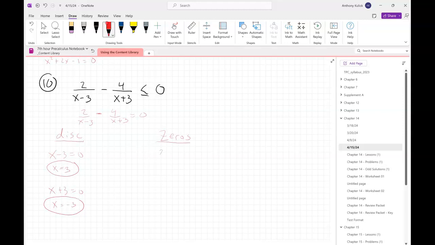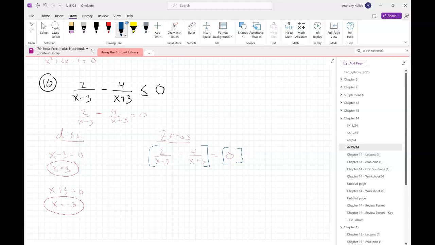How do I find the zeros then? Well, it's not a single fraction, right? The zeros are just going to be the solution to that equation. It just turns into a solving equation, right?